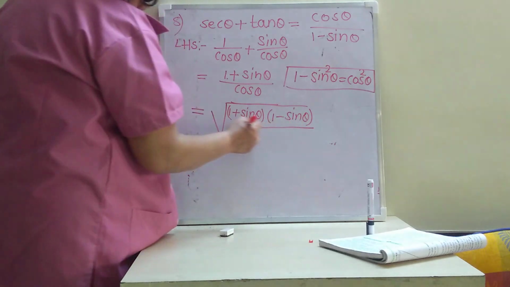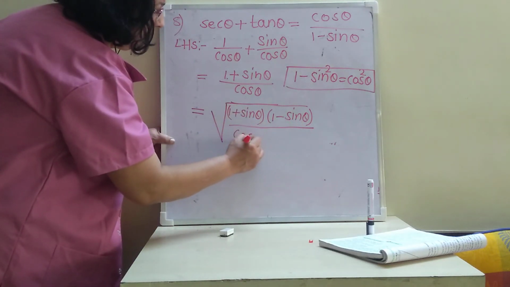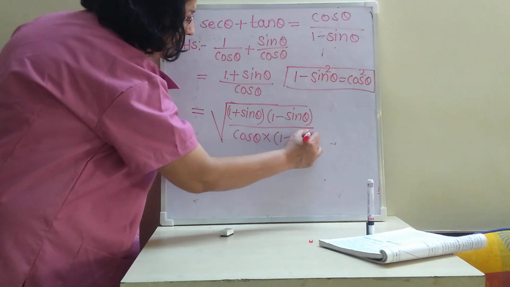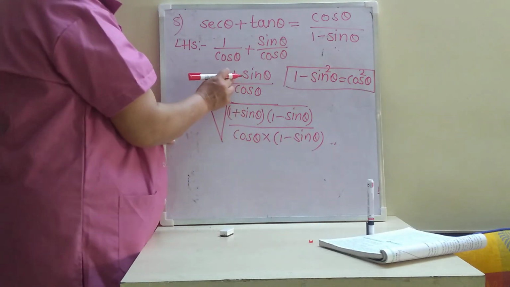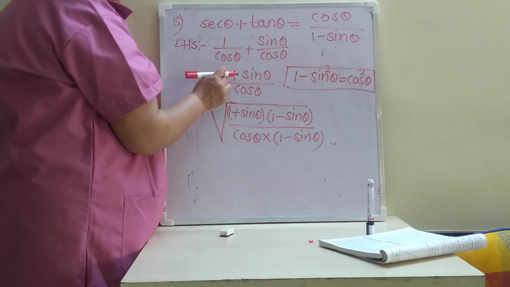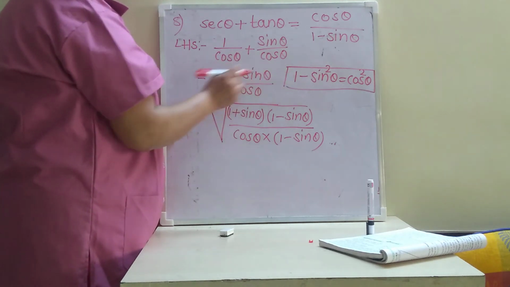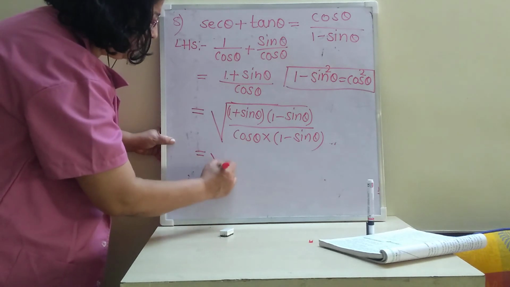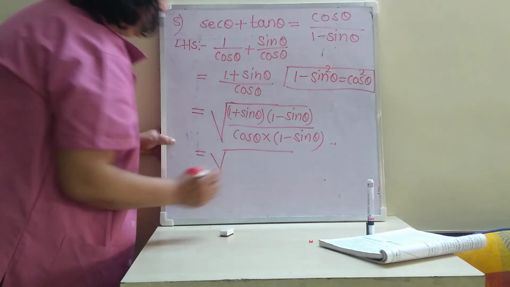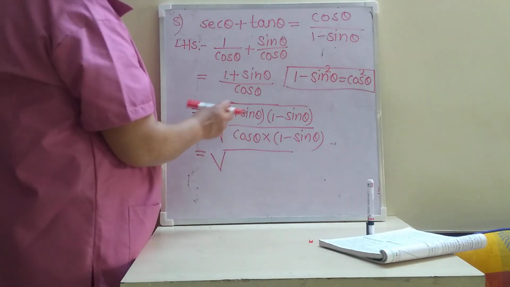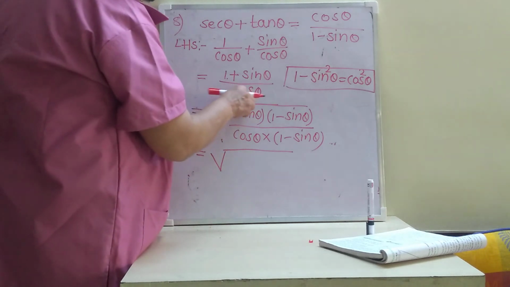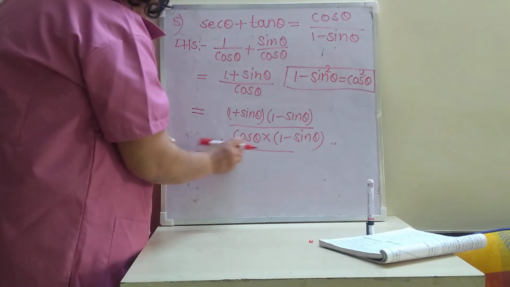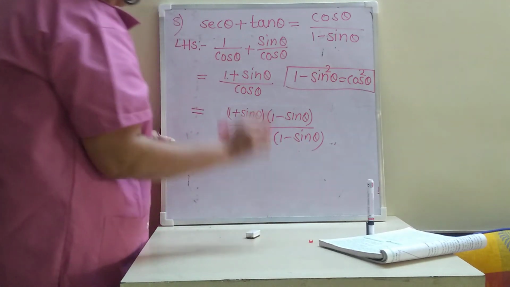And in the denominator, I am going to get cos theta multiplied by 1 minus sin theta. Why am I multiplying by minus, do you understand? Because I want a square minus b square. This is a plus b, so I want a minus b. Okay, now let us write it. Actually, why am I putting square roots? I need not put the square root because there is no square root at all. Sorry, I have the habit of putting the square root.